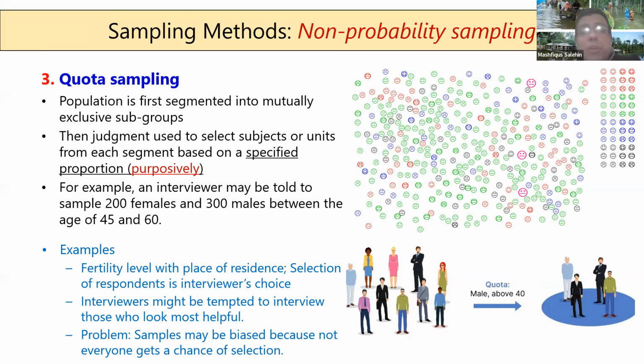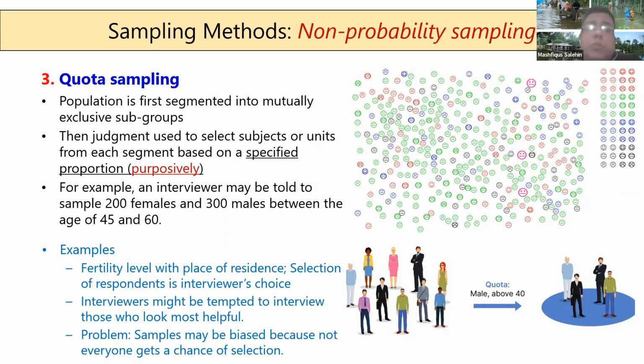You can categorize them into these mutually exclusive subgroups, and then you can select your respondents based on a specified proportion.